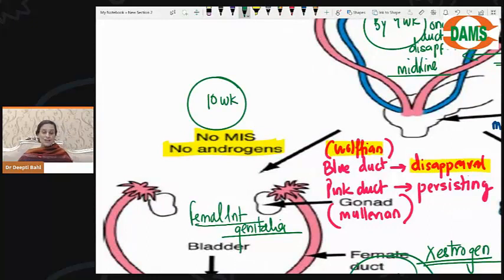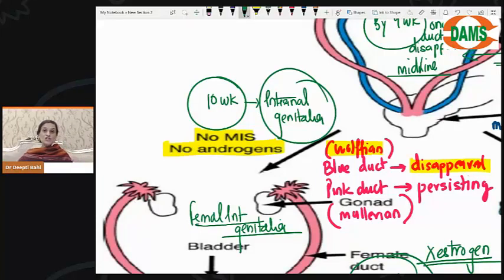Okay, by 10 weeks they will form the internal genitalia, which means I can ask this MCQ in various formats. The first format: when would the two Mullerian ducts fuse to form the female internal genitalia? So the fusion will be complete by 10 weeks. Okay? The fusion will be complete by 10 weeks to form the female internal genitalia.